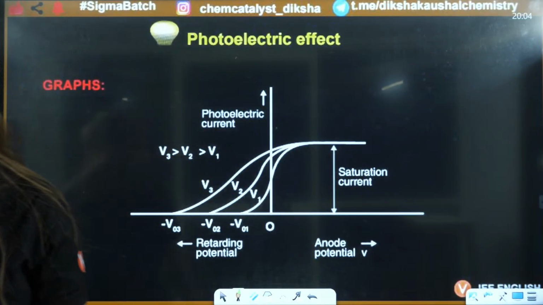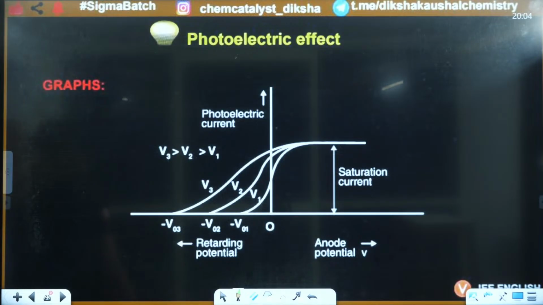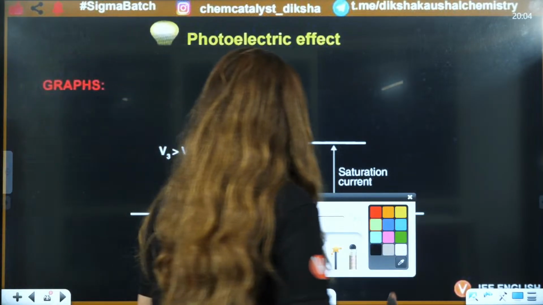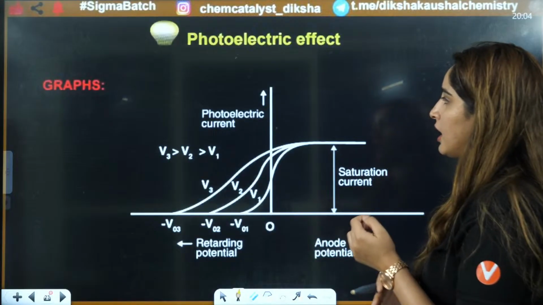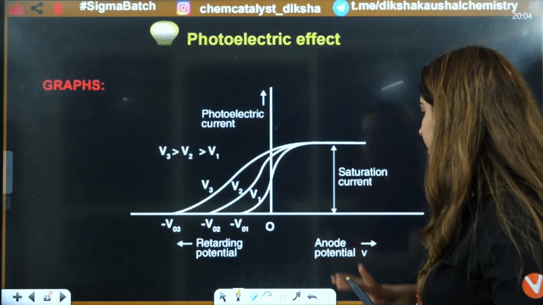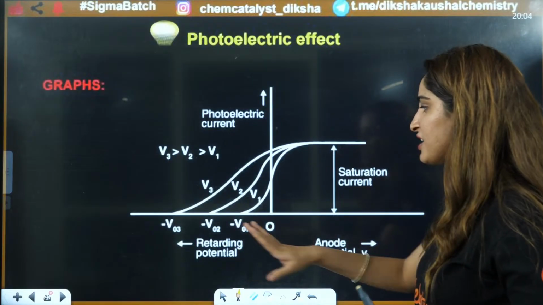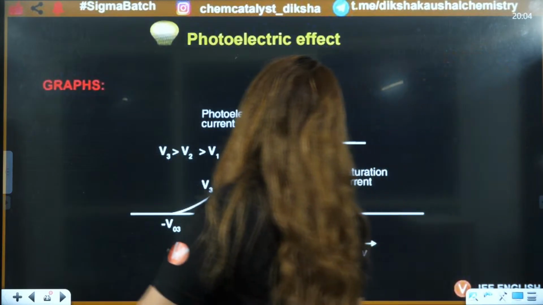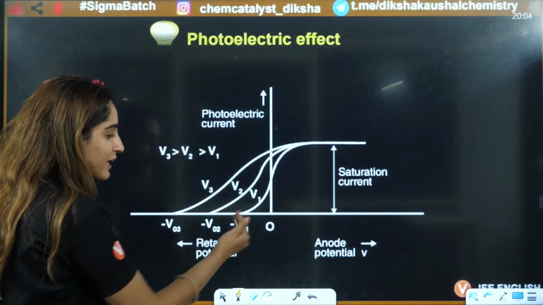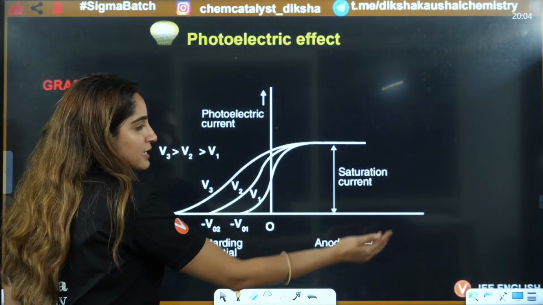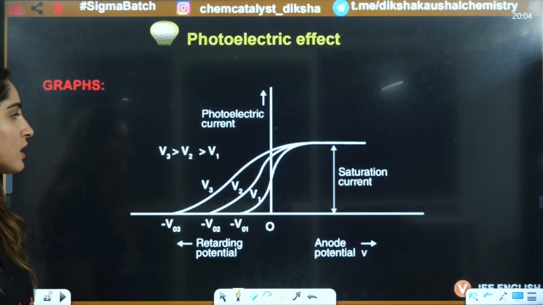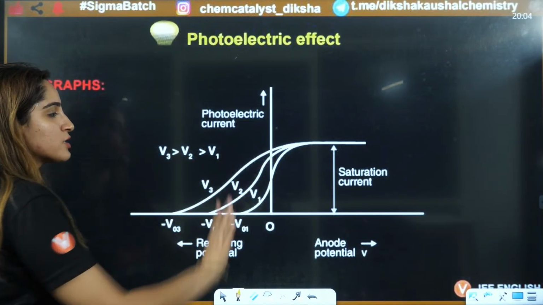Right? Okay. Now, let us see the next one. That is, you have photoelectric current, and this is your zero. This is anode potential. This is retarding potential. Now, they are saying that when you're decreasing the potential, and when you're increasing the potential, right? So, this is at zero. At zero, the photoelectric current is okay.